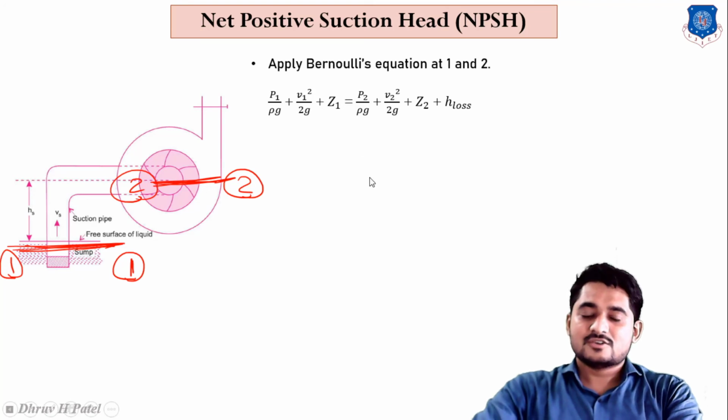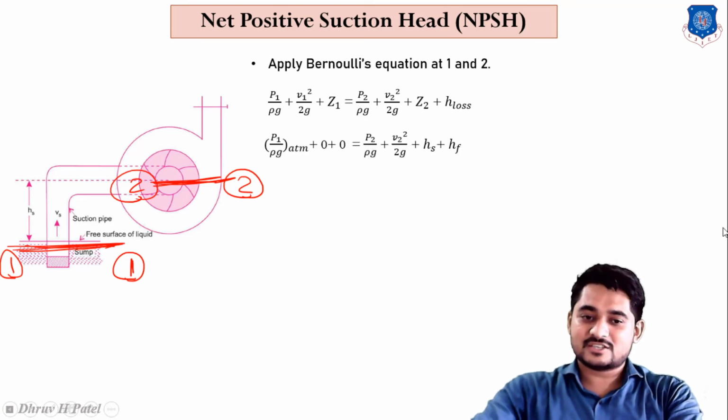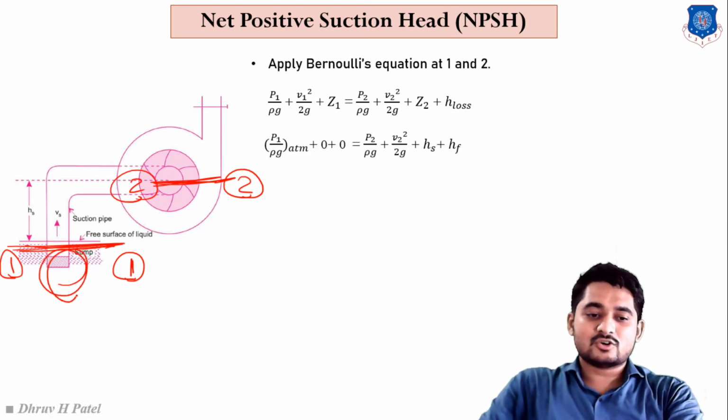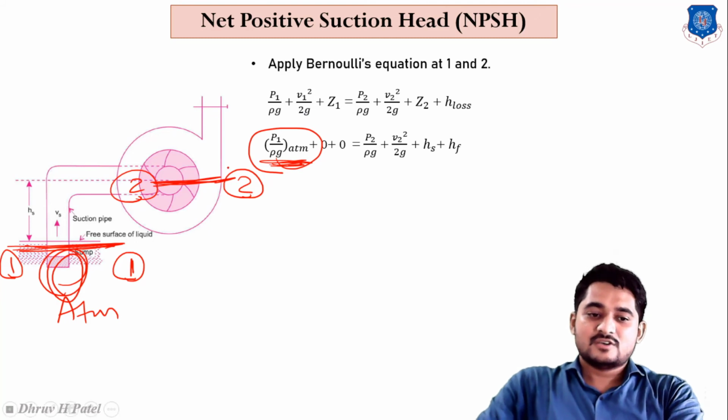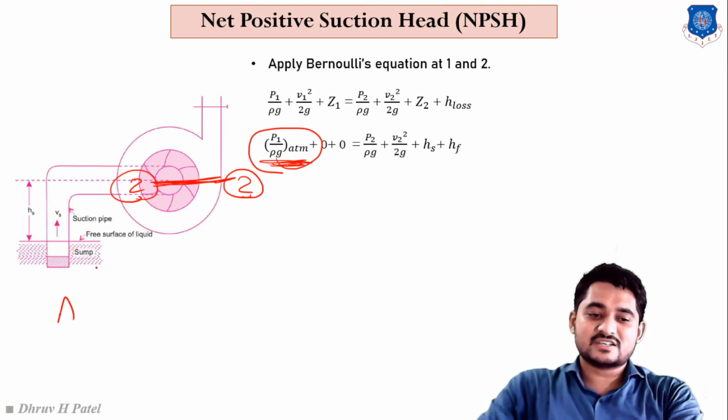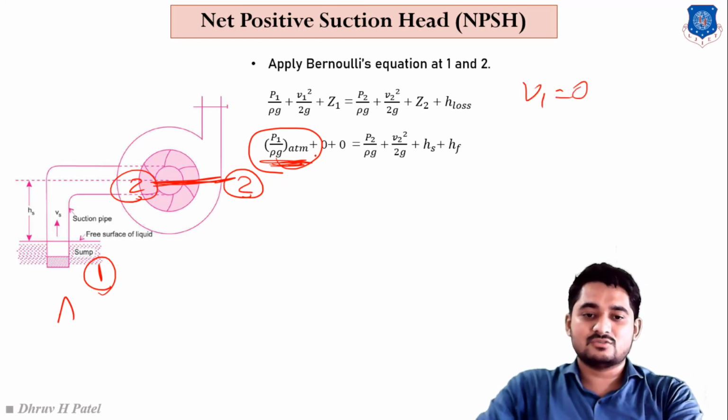Clear students? So from the inlet and outlet arrangement, at the inlet of the pump, this is the atmosphere side, so we can write this head as the atmosphere head, P1 by rho g, known as atmosphere head. For the inlet velocity V1, the water is in a steady state condition at this section, so we can take V1 equal to 0, so V1 square by 2g is 0.